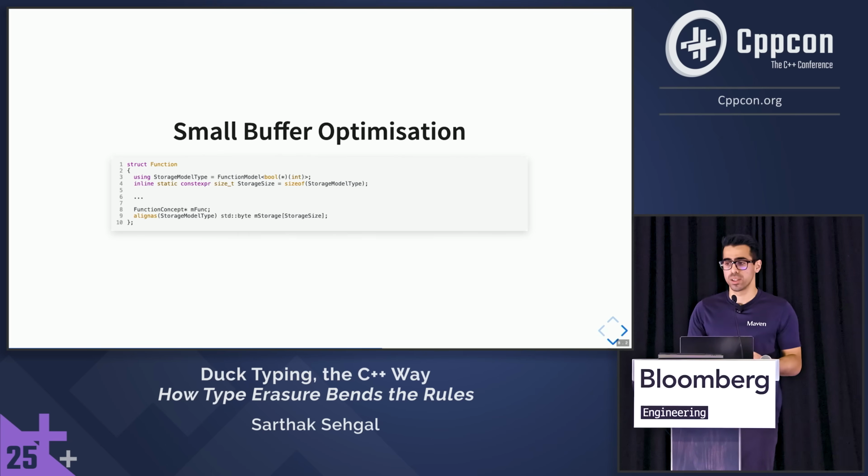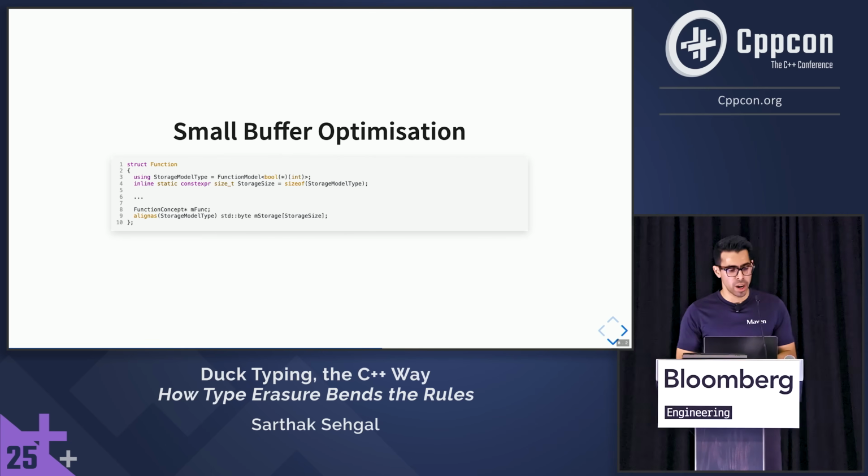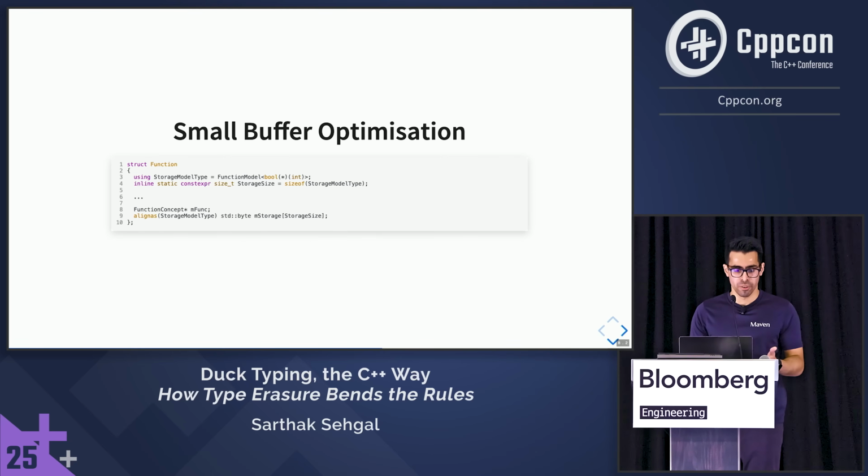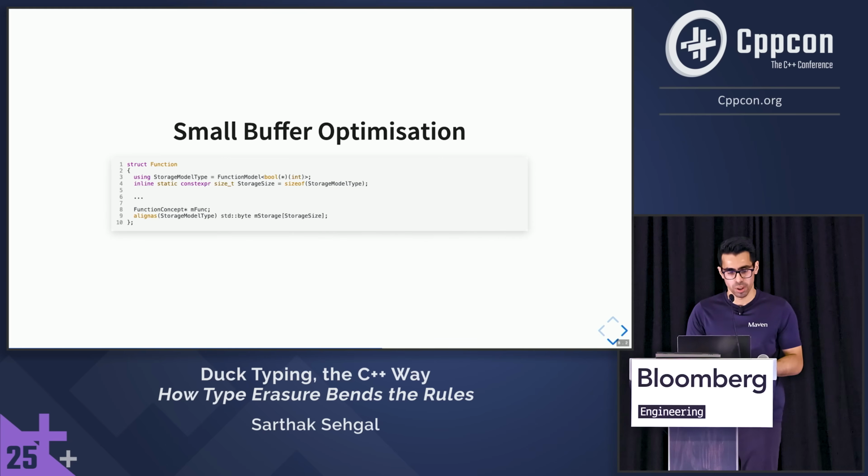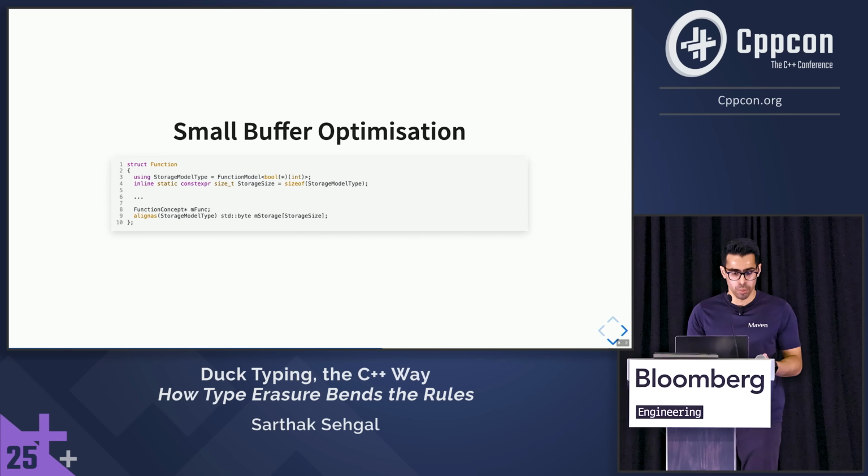And any function that has a size higher than this will incur a heap allocation. On line 9, I have the pre-allocated buffer, which is a byte buffer. This is going to be on the stack. Alignment is important here, so that's a bit of a gotcha. Make sure that it's aligned correctly.